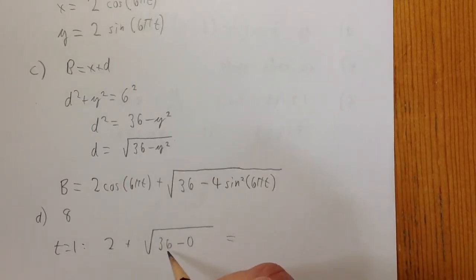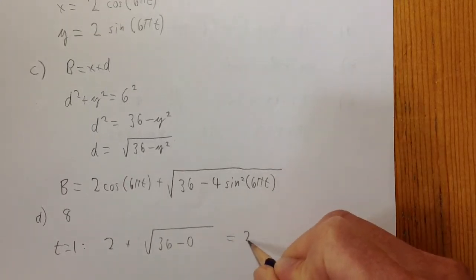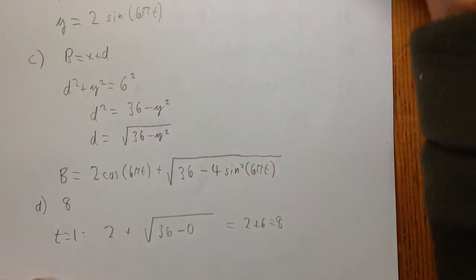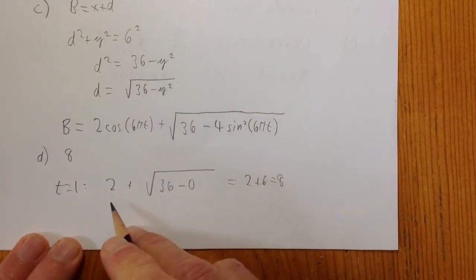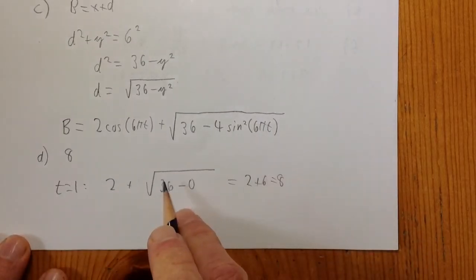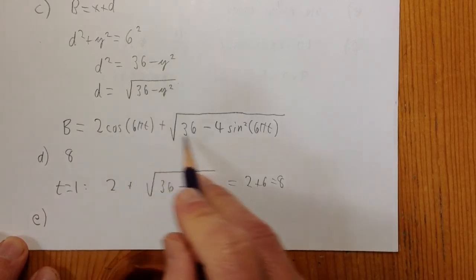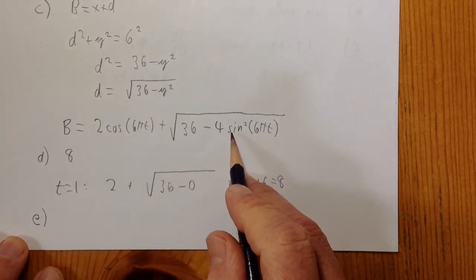Square root of 36 is 6, so 2 plus 6, which equals 8. Well, sure enough, there are 2 ways to do it. We could use our common sense, and we can plug in the formula. So either one works.